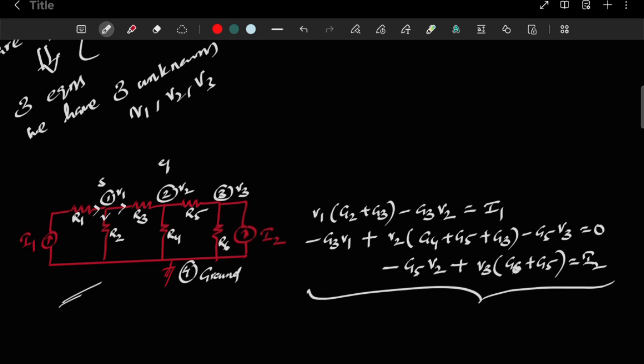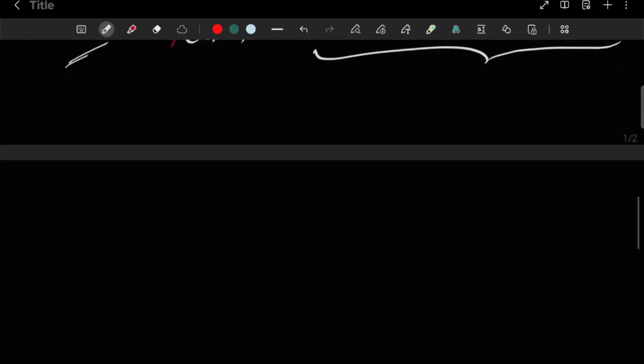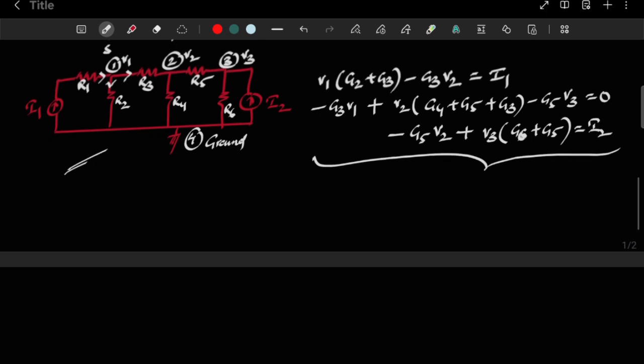Understand clearly. Here at node 1, what conductances are connected? If you carefully observe, we did not get G1 or R1. Why? Because the current source is in series with a resistor.